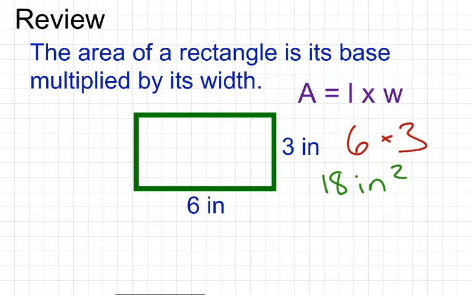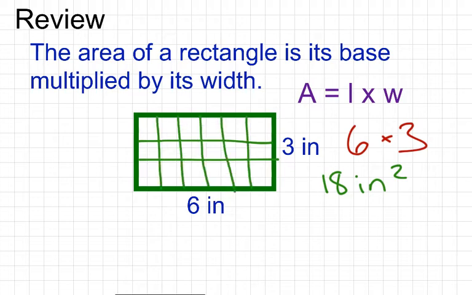Well, that's because when we find the area, we're really making a grid of squares. 3 and 6. 1, 2, 3, 4, 5, and 6. So when we count them up, we can see that we have 18 individual squares.